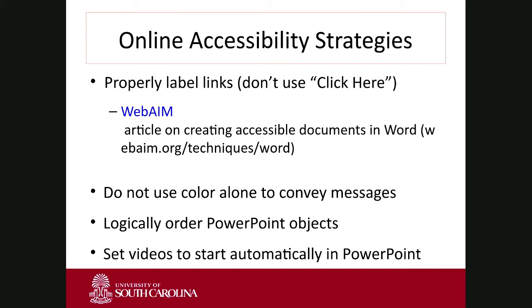Again, not using color alone to convey messages. Logically ordering our PowerPoint objects. Again, in what order do we want the content to be understood or conveyed to the end user? And setting videos to automatically start in PowerPoint, such that someone is not having to search for that access information.